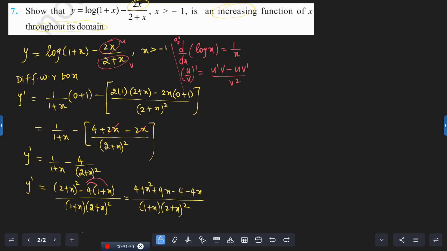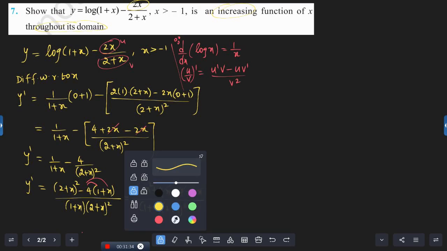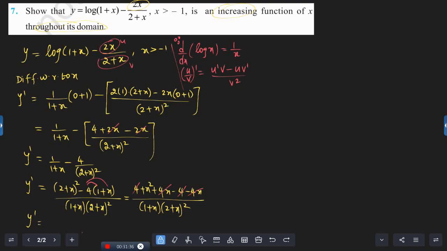Do it. Plus 4 minus 4, plus 4x minus 4x. Very easily I am getting the y dash now. Y dash is equal to just x square divided by 1 plus x into 2 plus x whole square. This is my y dash value.